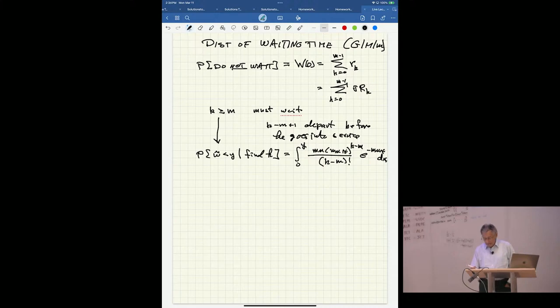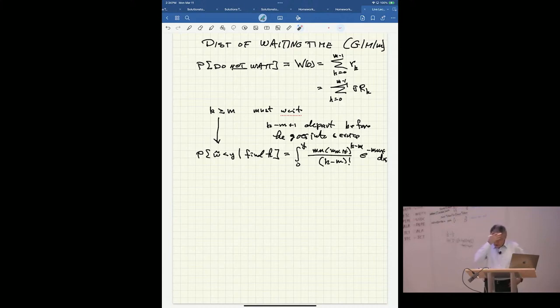In other words, whatever that time is that I have to wait, I got to get k of them out. And by the way, why is it k minus m upstairs at the exponent and the factorial? Because for the Poisson expression, it's k minus 1 over k minus 1 factorial. If you remember, with the probability of getting so many arrivals in an interval of time, it's that number k minus 1. And I took the minus 1 off this, so this minus 1 here went away. I took that away.